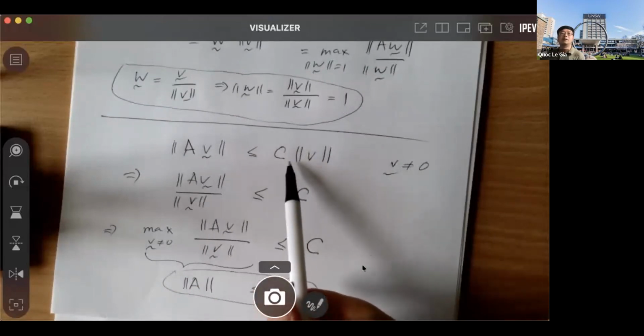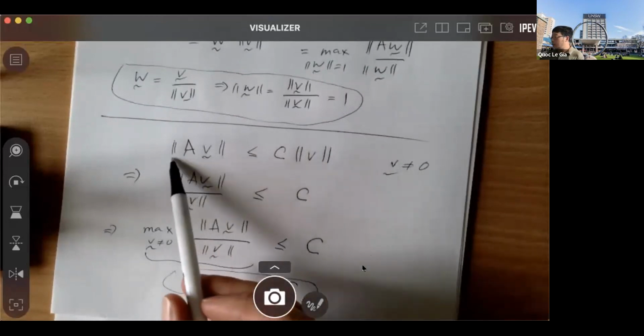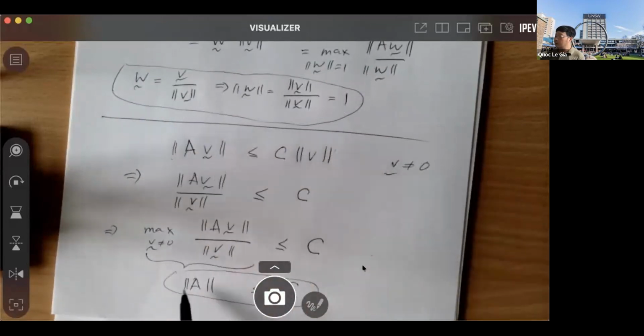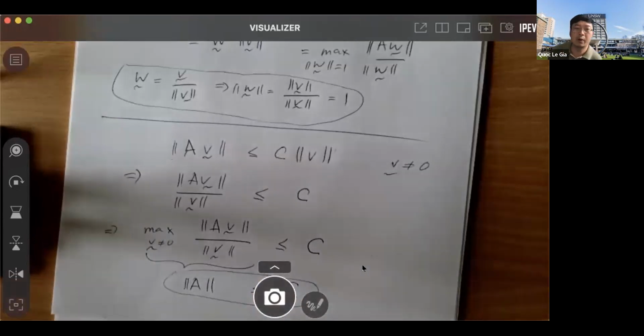Suppose C is any constant that satisfies this inequality, then the norm of A is the smallest constant that satisfies that. So that's what it's saying.